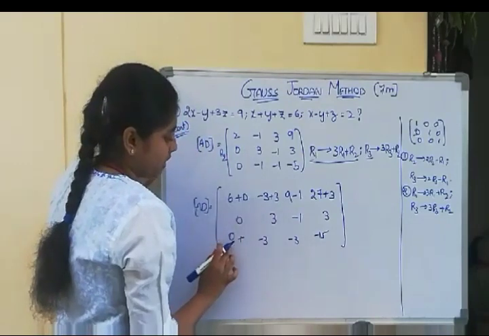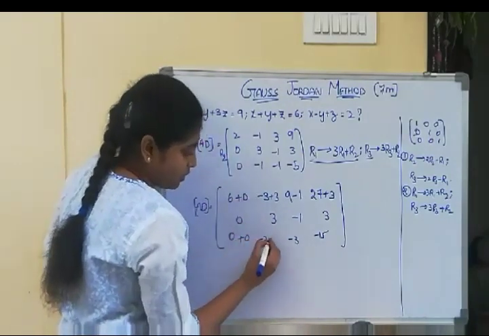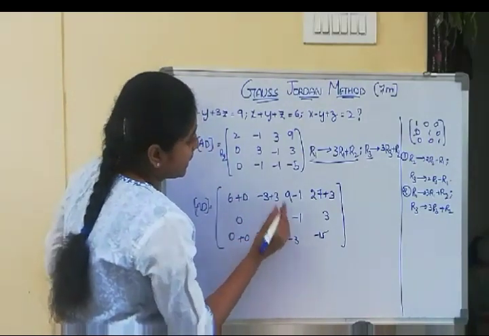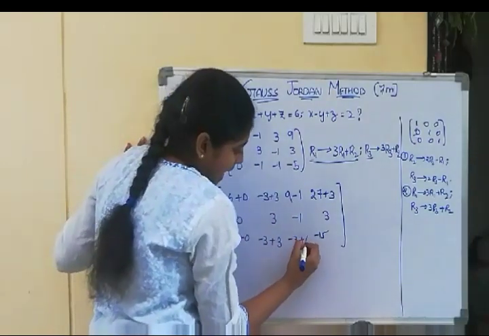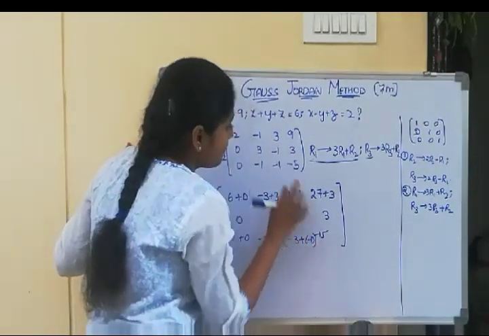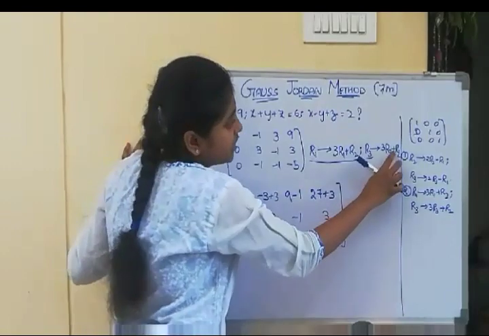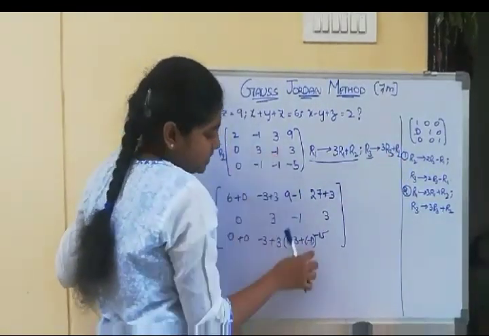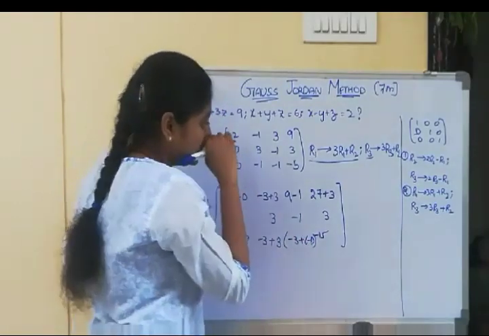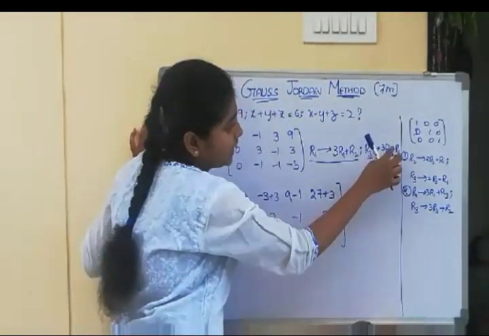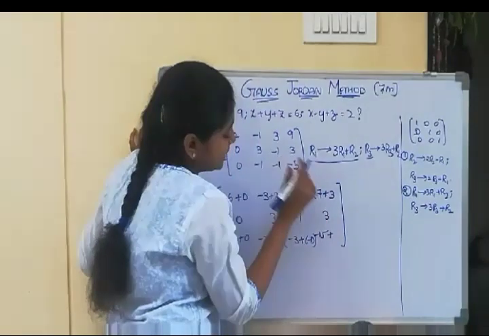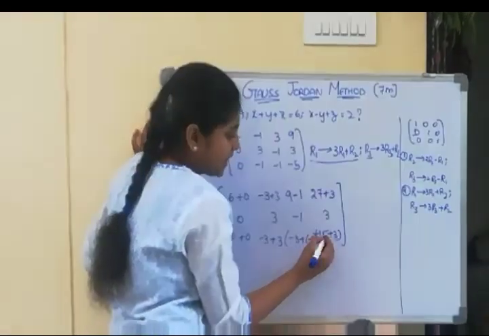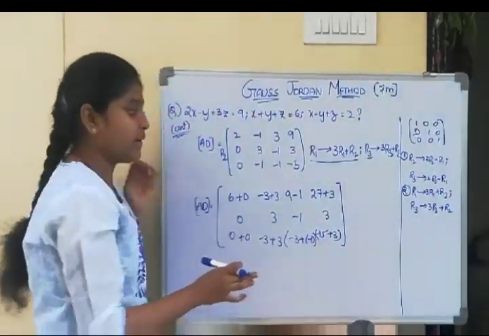So row 2 is 0, so 0 plus 0, plus 3, and plus minus 1, because here we have minus 1, so we have written minus 1 here. Now minus 15 plus 3.